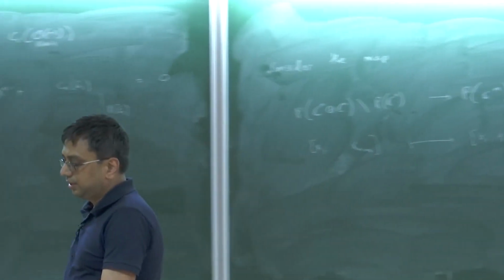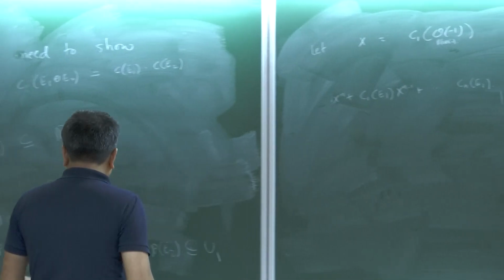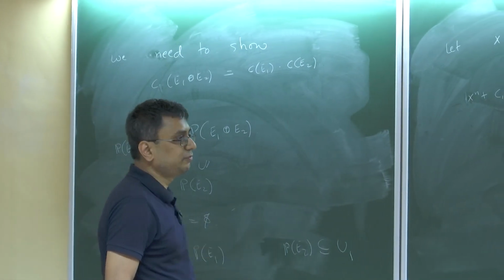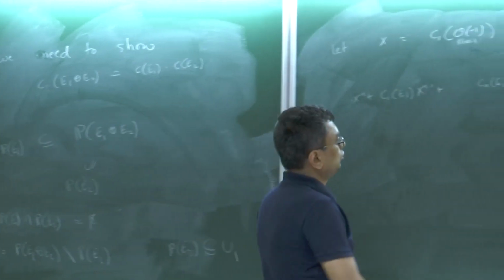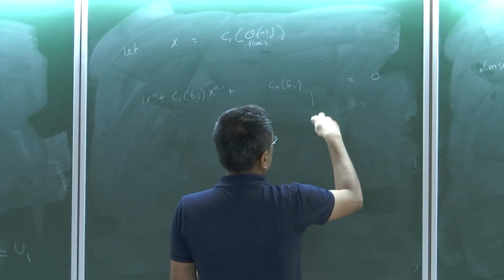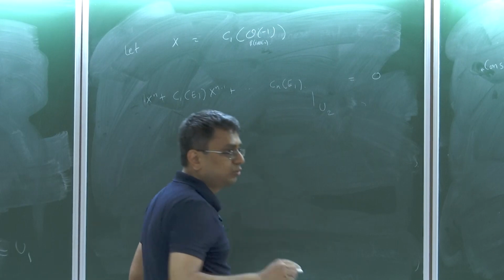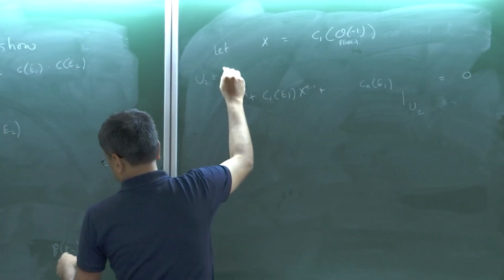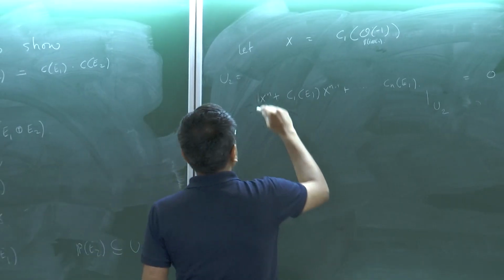But P of E1 actually is a deformation retract of the complement of P of E2. So I can just say that this restricted to U2 is 0. U2 is the complement of P of E2.